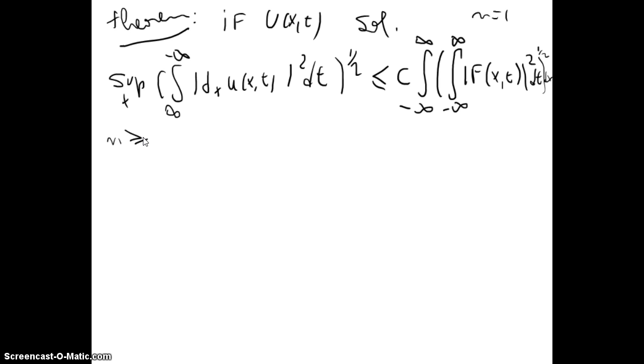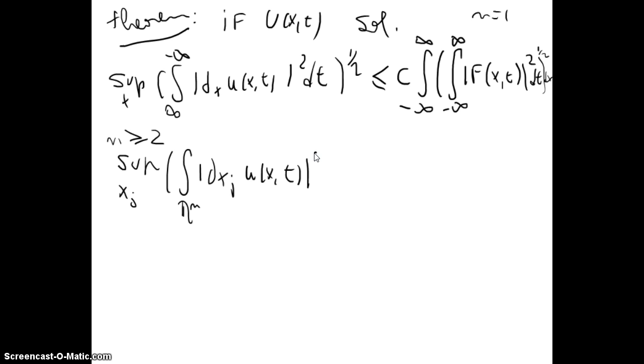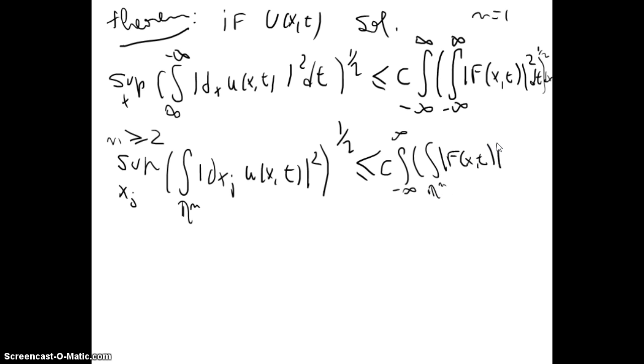In the case of n greater than or equal to 2, then we will have, for x_j in R^n, the norm of D_{x_j} u(x,t) squared, to the 1/2, less than or equal to c times the integral of |F(x,t)|² dμ_j dt, to the 1/2.